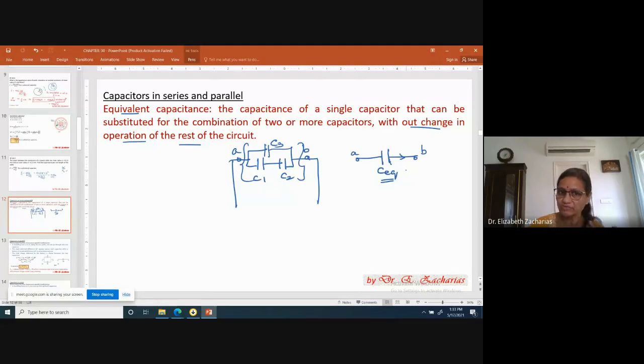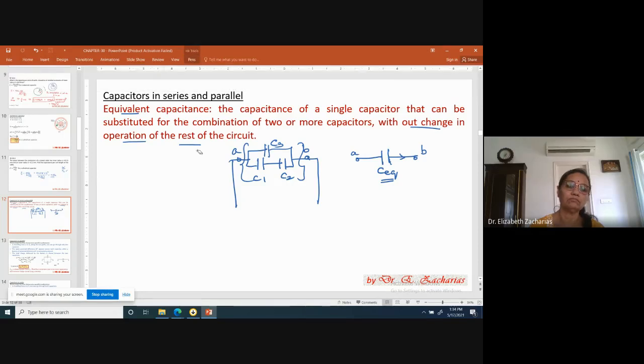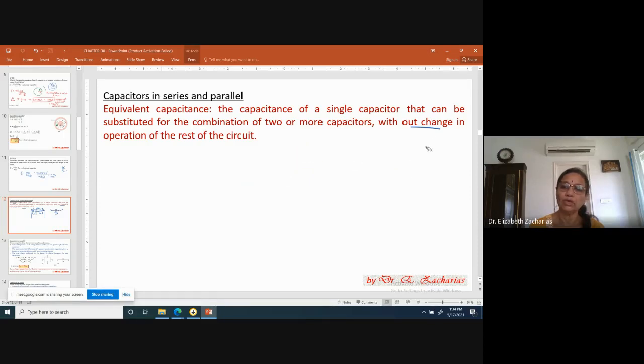This kind of substitution of one single capacitor in place of a combination of more than one capacitor is called the equivalent capacitance. So today we are going to find out what would be the expression for equivalent capacitance. Any doubts? No doubts? Okay, anyway, you're all very intelligent, you don't have any doubts.